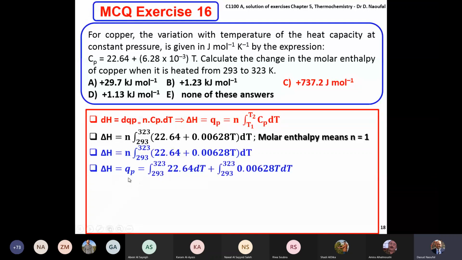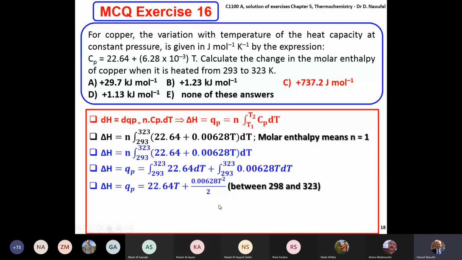Delta H equals Qp equals the integral from 293 to 323 of 22.64 dT plus the integral from 293 to 323 of 0.0628 T dT. So it's equal to 22.64 T between 293 and 323 plus 0.0628 T squared divided by 2 between 293 and 323.